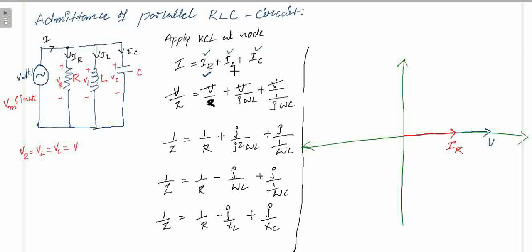And what about the IL? IL is nothing but the current flowing through the inductor. Always the current flowing through the inductor lags the voltage by 90 degrees.